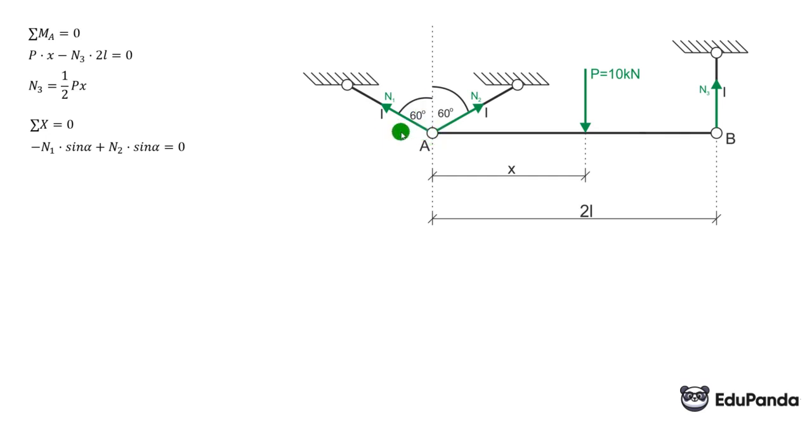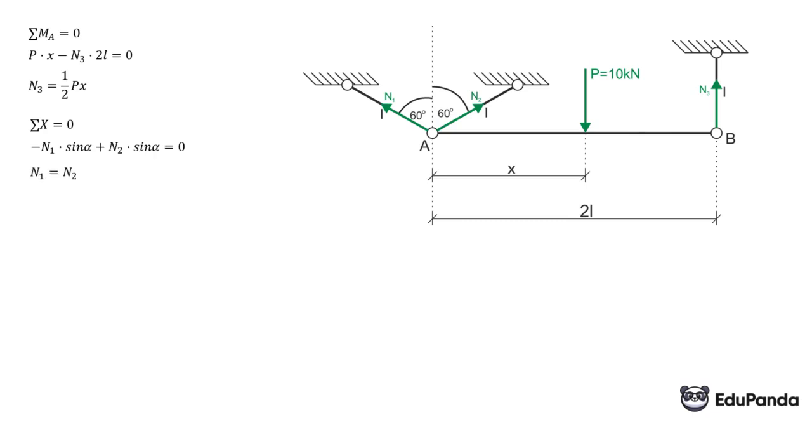So N2 on x is also, and if we have the angle here, then here is the sine of that angle. So we have minus N1 times sine alpha plus N2 times sine alpha. Both are with sine because the angle is with the second component. By moving N1 to the other side and dividing by sine alpha, we find that N1 equals N2.